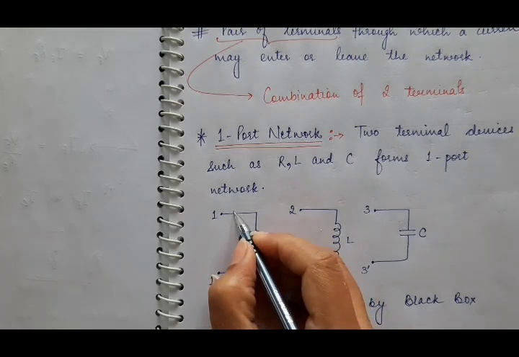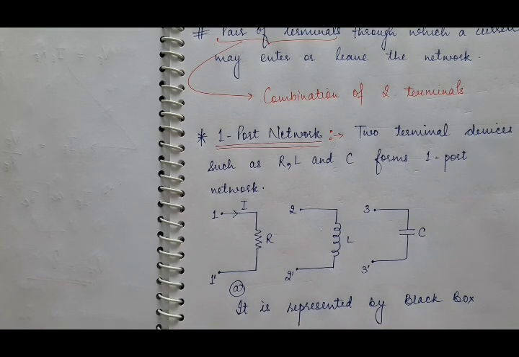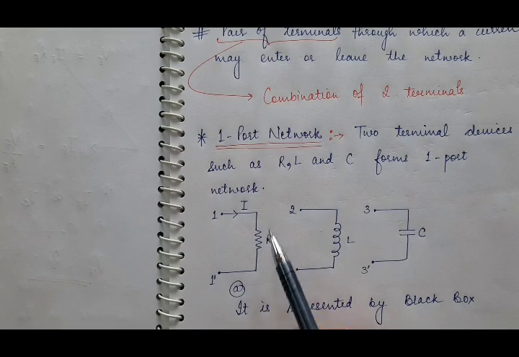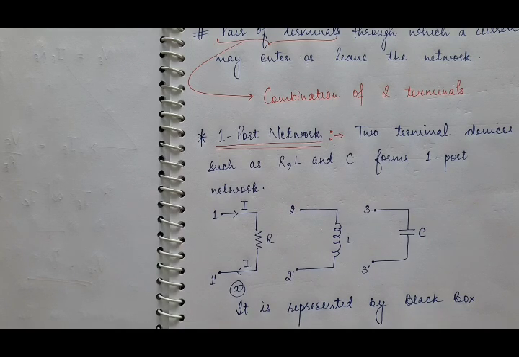Suppose I is the current entering through terminal 1 to the resistor R. If this current I enters from one terminal, then it must leave from the other terminal, which is 1 dash. So the same current I must leave from terminal 1 dash.